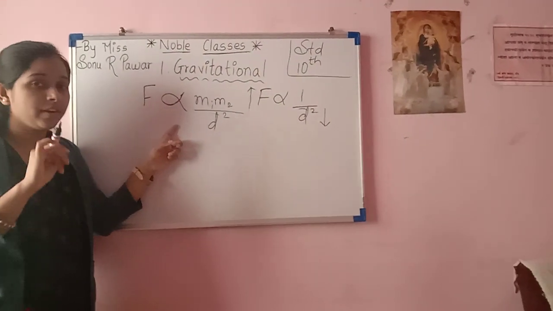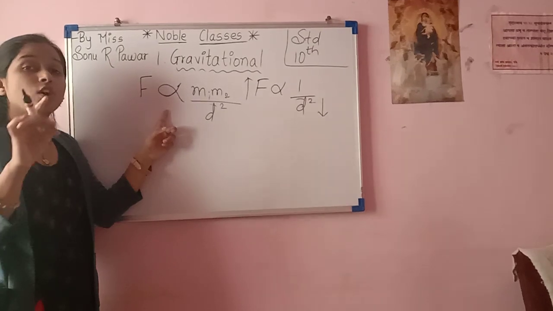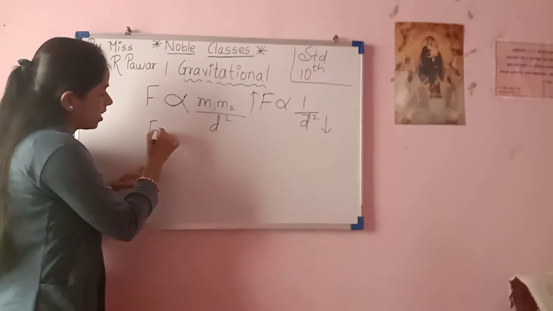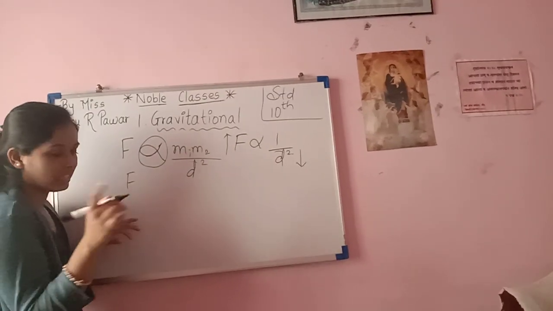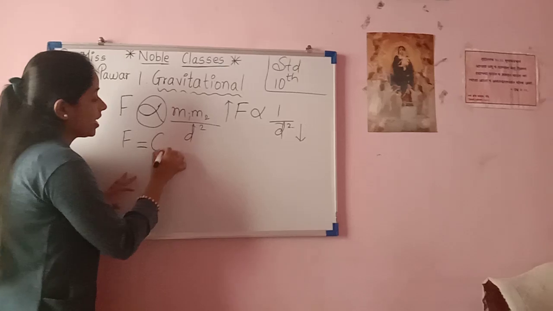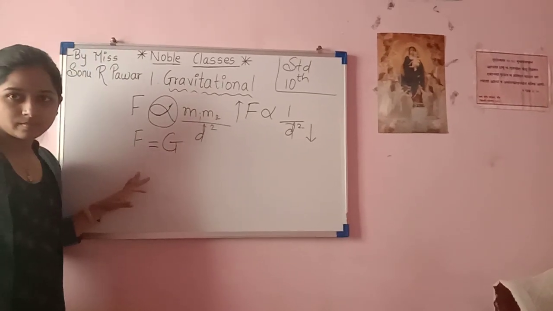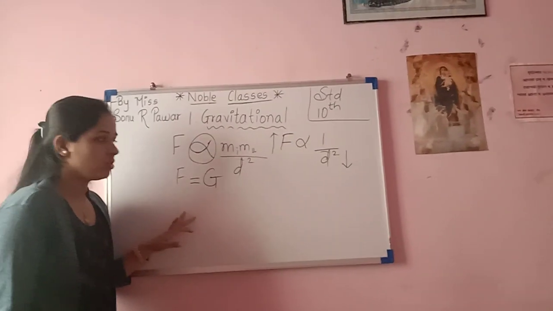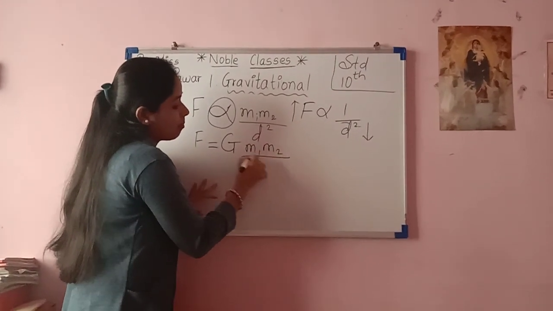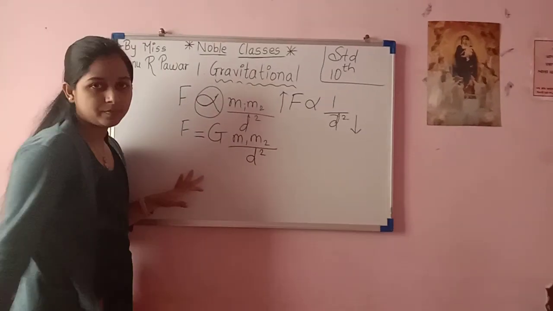So what did Newton do? Newton introduced a stronger person. Who was the stronger person? See, instead of this proportionality sign, he gave an equals sign, and he introduced one stronger person, that is G, the gravitational constant, and then m1 m2 upon d square.